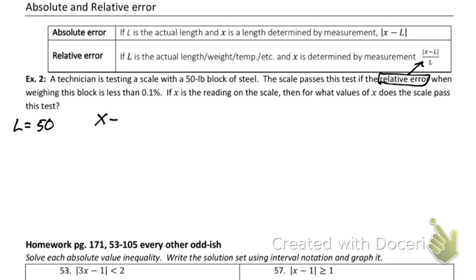According to that formula, if I do x minus L, which is 50, take the absolute value and divide by 50, that relative error needs to be strictly less than 0.1%. We can't really put percents in, so we put 0.001, because we need to move the decimal two places.